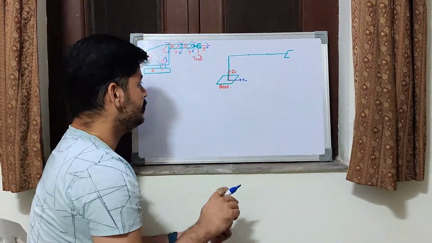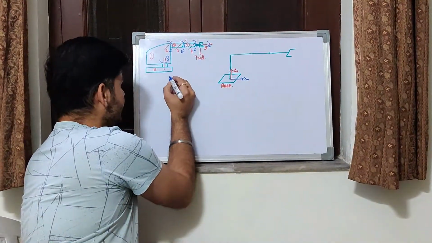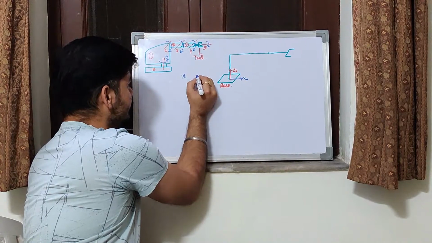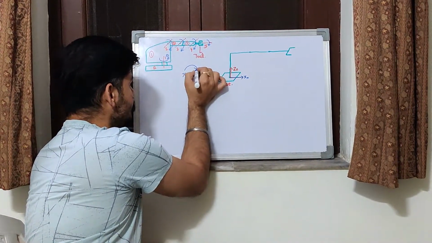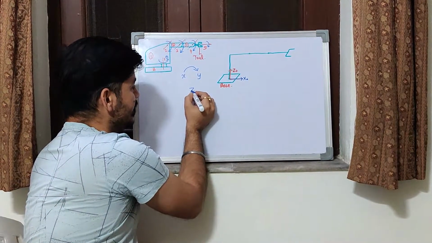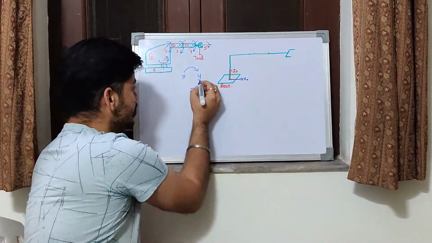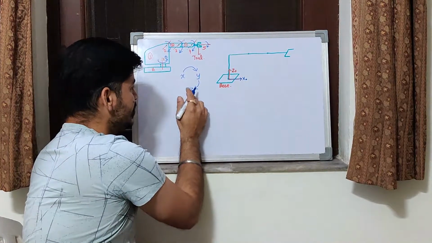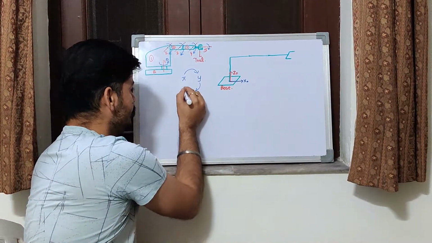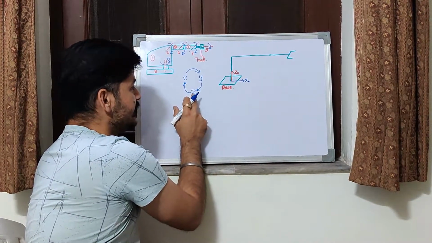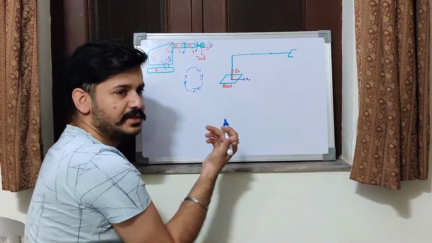Now similarly, I'm just writing here for the right hand coordinate system. If you are moving from x to y, you will get z as the thumb direction, and if you are moving from y to z, then the thumb will give you the x direction. If you are moving from z to x, then y will be the thumb direction.